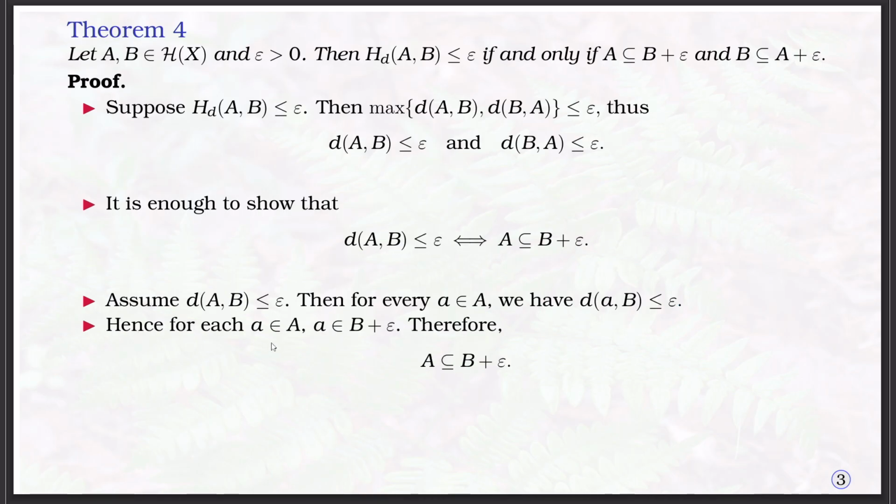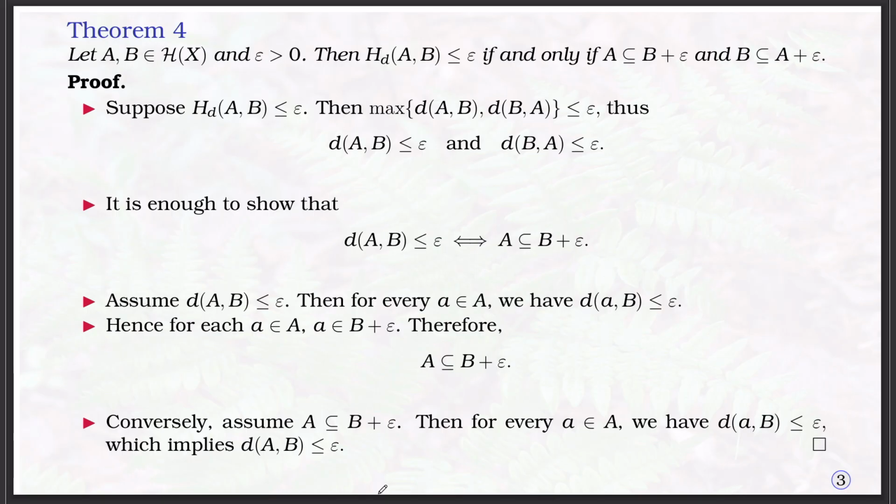Hence, each a belongs to A and a belongs to B plus epsilon, therefore A is contained in B plus epsilon. So we assumed this one and obtained this one. Now, for the converse, we assume this one is true.